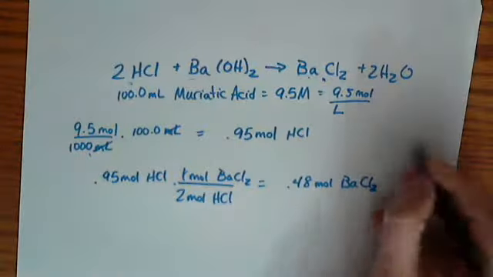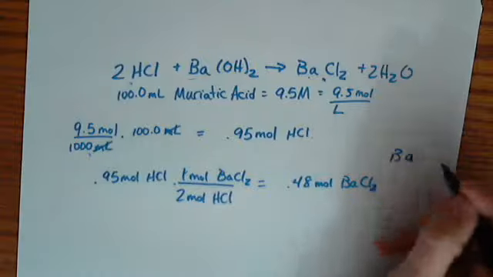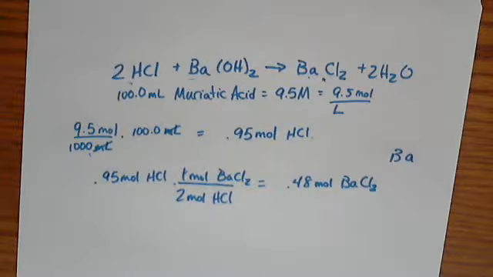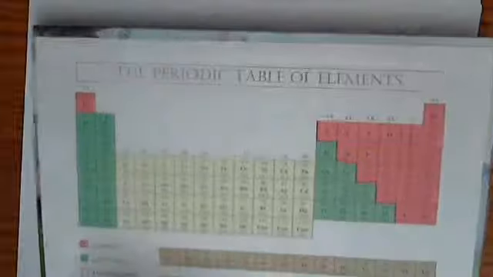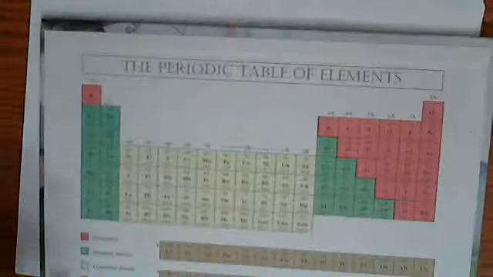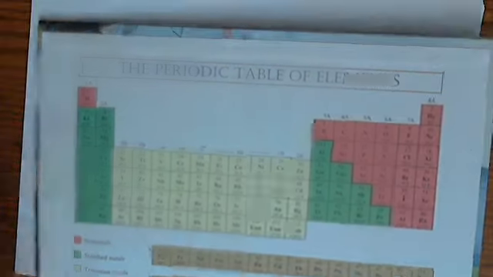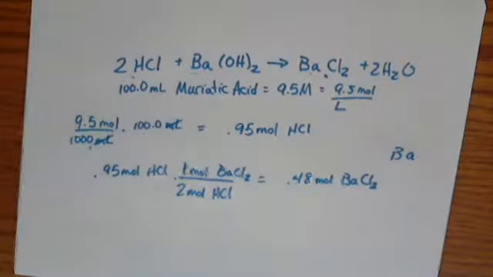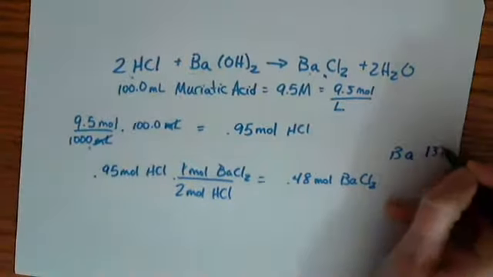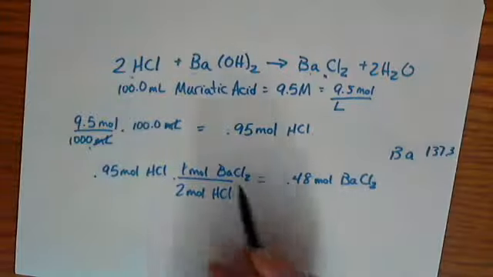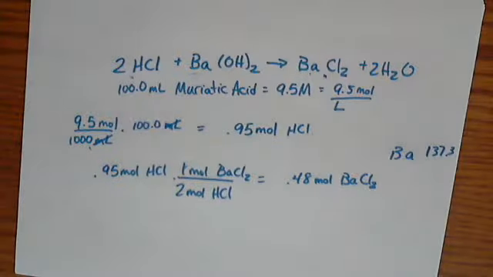So barium weighs, let me look this up. Barium weighs on my periodic table, let's see if you can see it too. Barium is right here, and it weighs 137.3. And chloride on the same periodic table weighs 35.5.